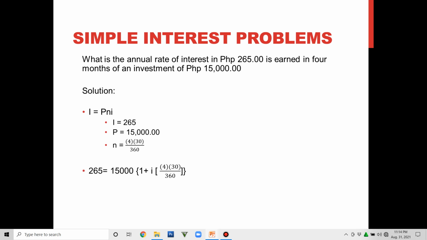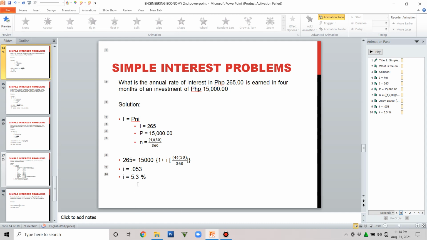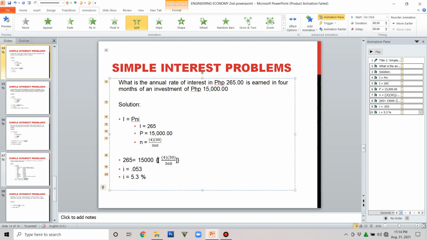Okay, so with that, I think we should consider this is 265, the principal is 15,000. Ito dapat is N. So 265 times 15,000 times 4 times 30 all over 360.